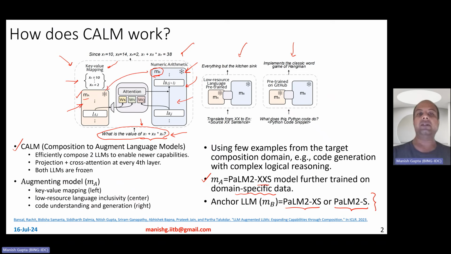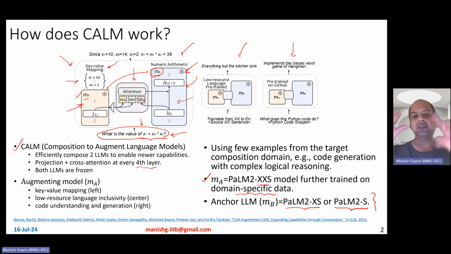The way this is done in the CALM framework is by bringing in a cross-attention architecture. You take a few layers from MA. In their experiments, they take every fourth layer from MA and every fourth layer from MB.